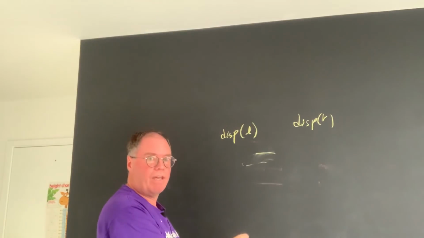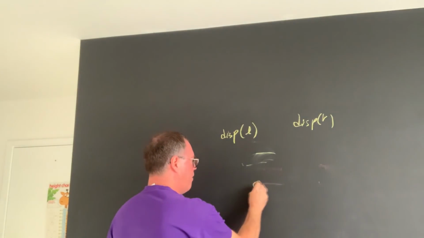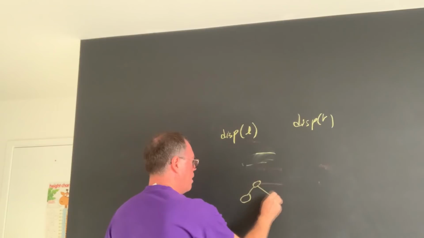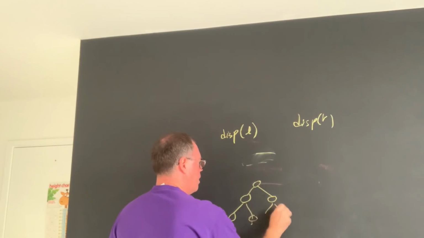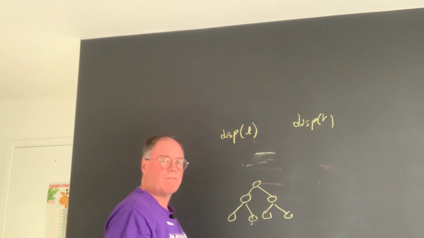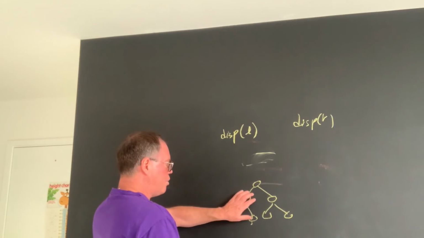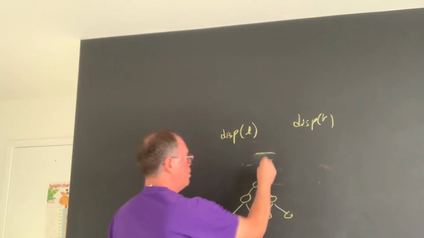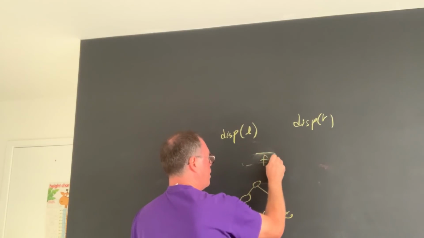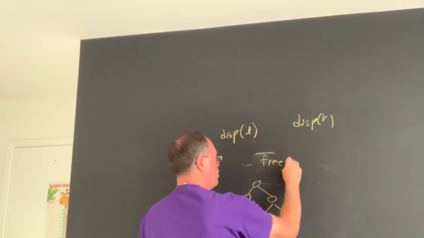And so if I was to draw it, if I have a tree, then my recursive call would dispose this subtree, dispose this subtree, and then dispose the root node. So then free the root node.